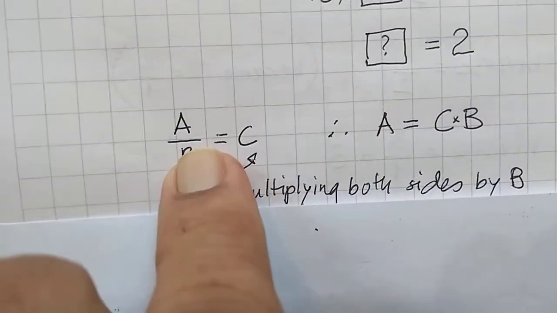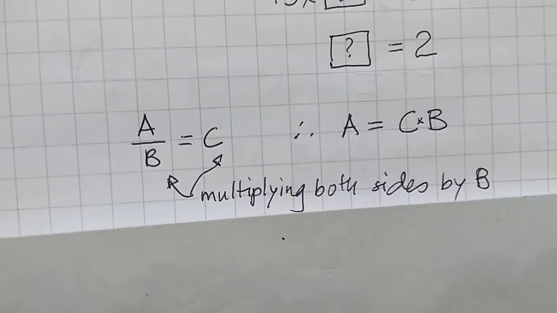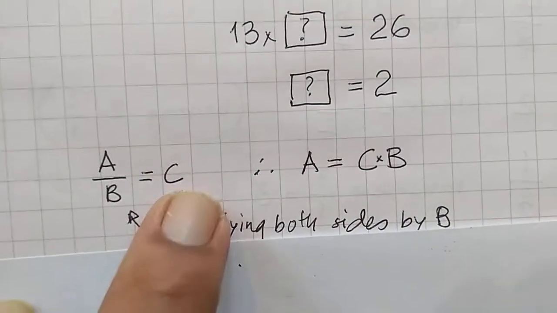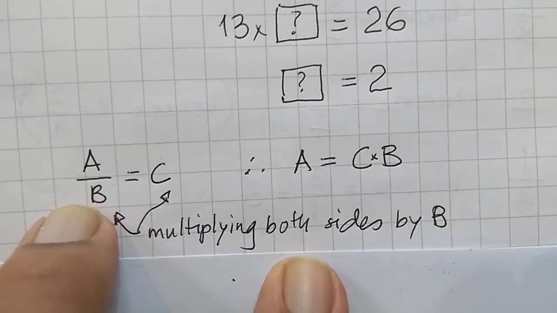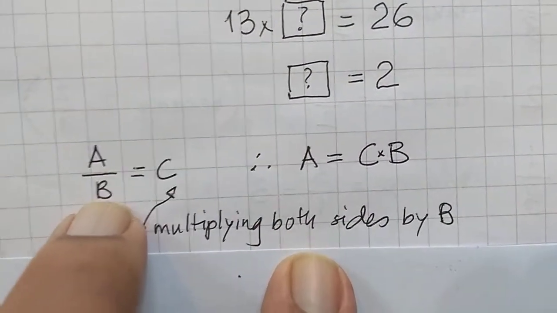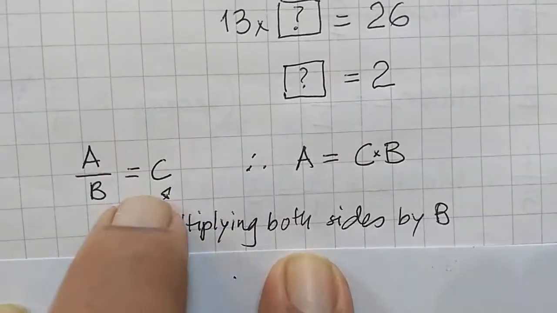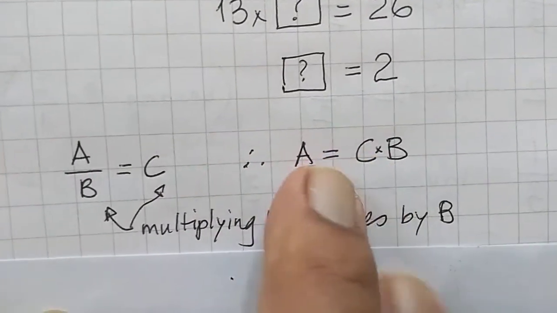You're taking B from this side to that side. Now taking from one side to another side is not a mathematical operation, but what you're essentially doing is multiplying both sides by B. So if you multiply this side by B, you'll get AB over B, so B will cancel out, and this side you'll get C into B, so you'll get A is equal to C into B.